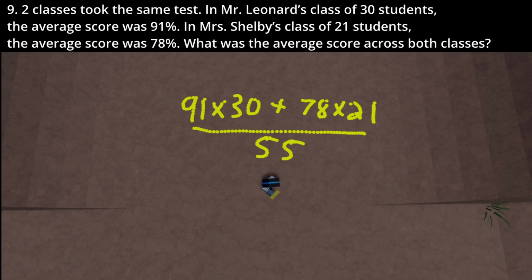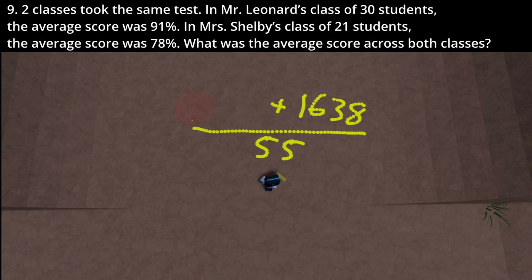78 times 21, that's just 1638. And then 91 times 30 is just 2730. And then finally, if you add these quantities up at the top, you're going to get 4,368%.